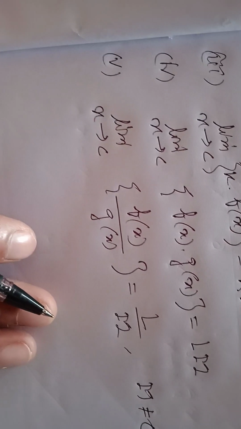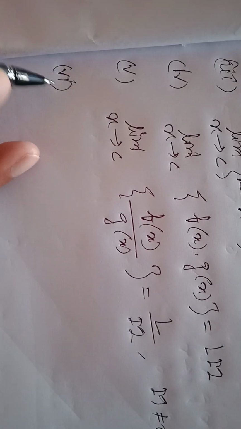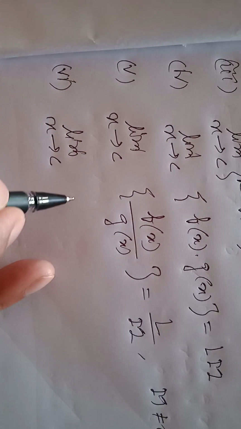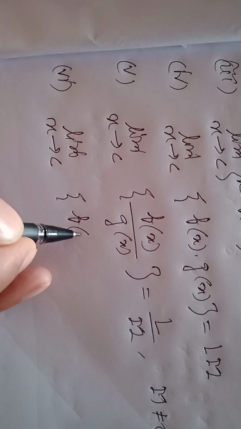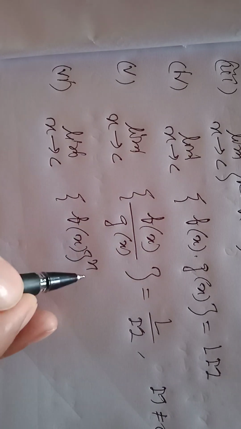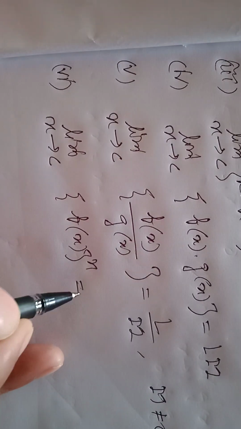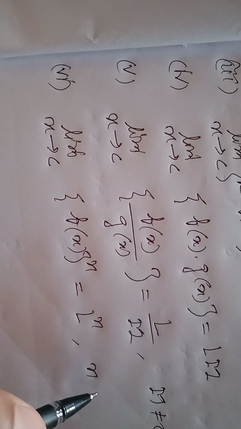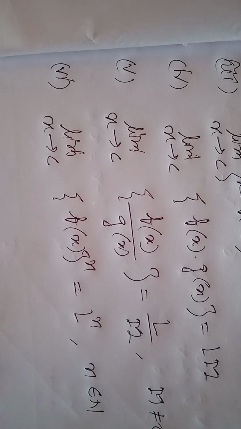Number 6, the limit as x tends to c of f(x) to the power n equals L to the power n, where n is a positive integer or natural number.